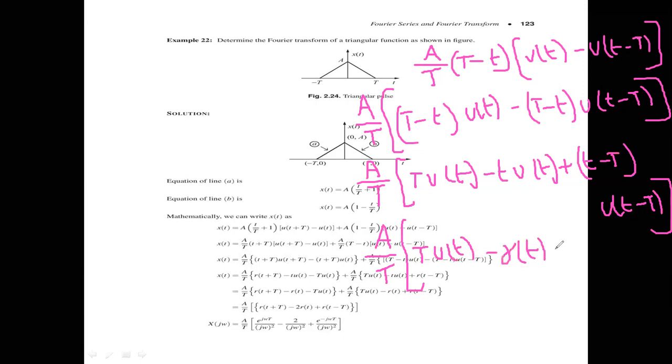R of t plus, here also the t into mu of t, but instead of t, that is r of t minus capital T. So r of t minus small t, not the t minus capital T. Is the equation C here? Final equation C, the a by t, the t into mu of t minus r of t, and r of t minus capital T. Like that, we got the two equations.